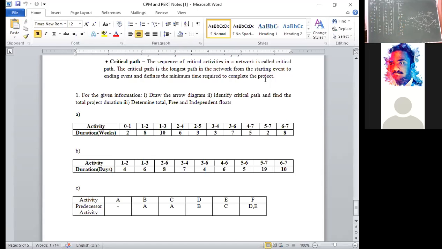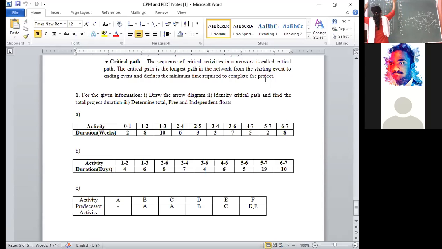Right now, what do we have to write? Latest start can be written as LJ minus TIJ. If you want, you can write down earliest start. Earliest finish is equal to EI plus TIJ.